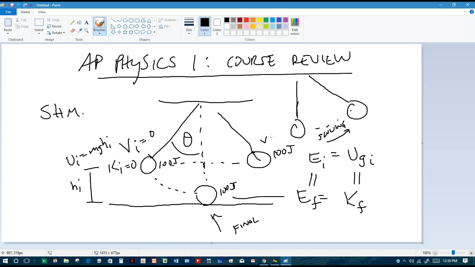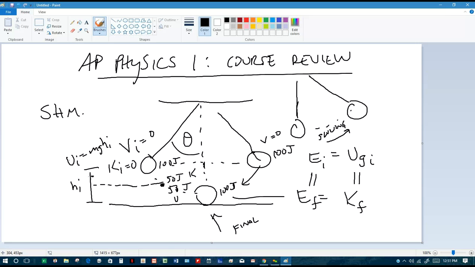It would stop. And then it would swing back down, and this would just go back and forth, back and forth. At the halfway point right here, which looks like it's about the halfway point, it would be a 50-50 split of energy. It would be 50 joules of kinetic energy and 50 joules of potential energy.